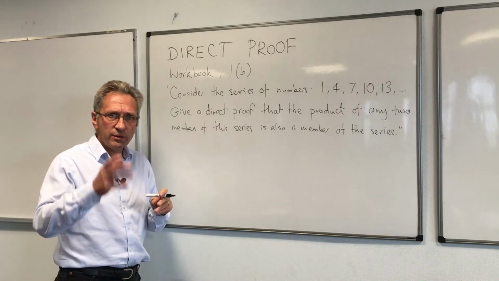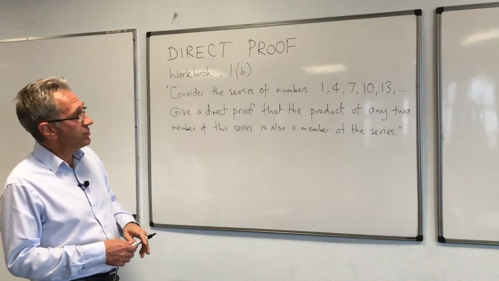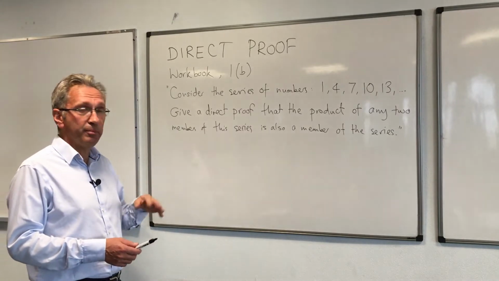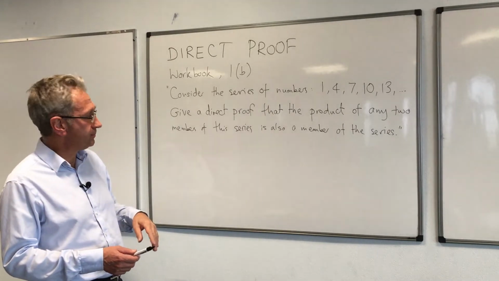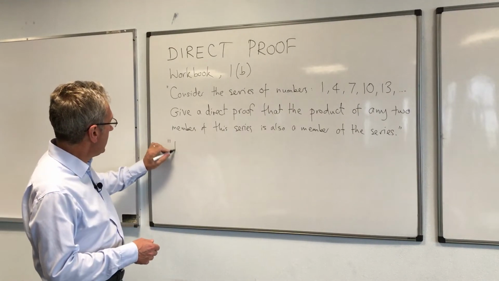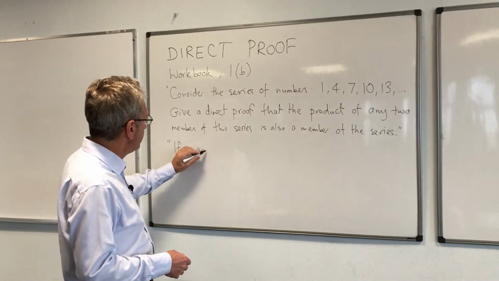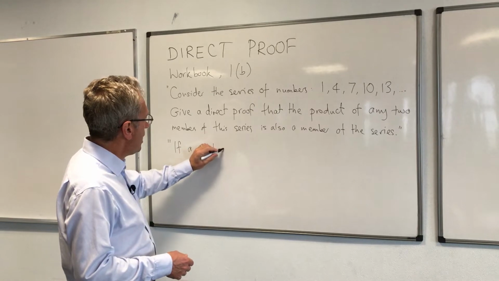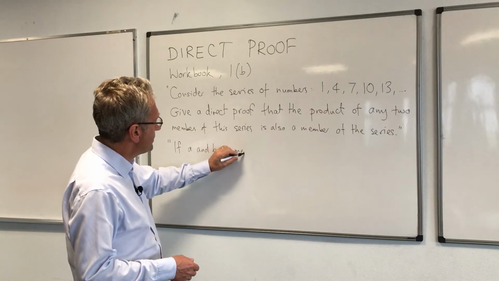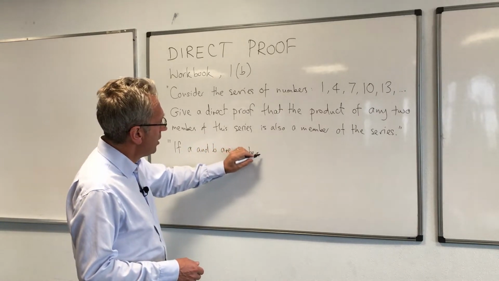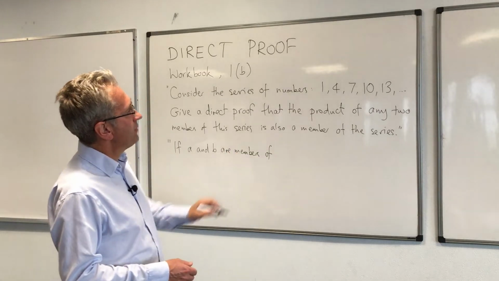So the first thing to do is to write that down in if P then Q form. So if A and B are members of, well, let's give this series a name.